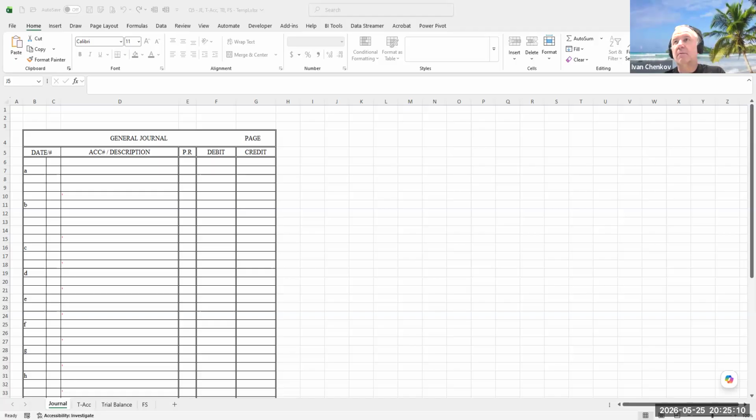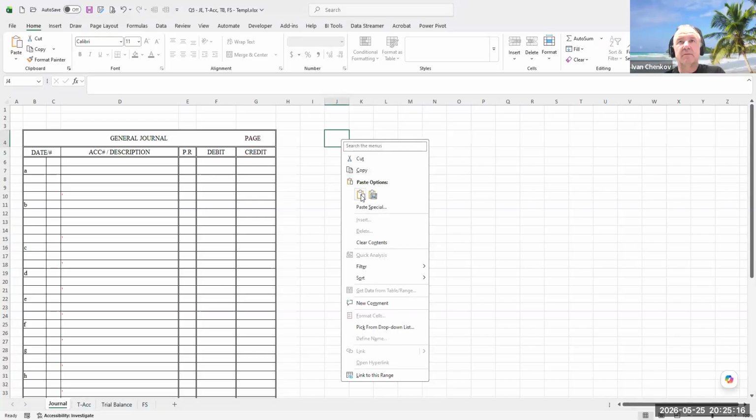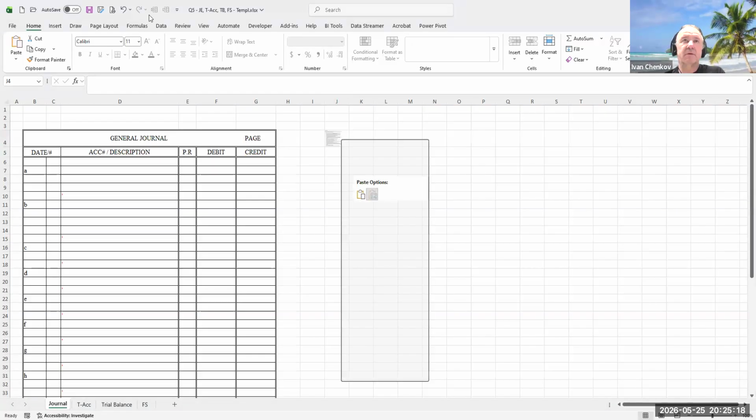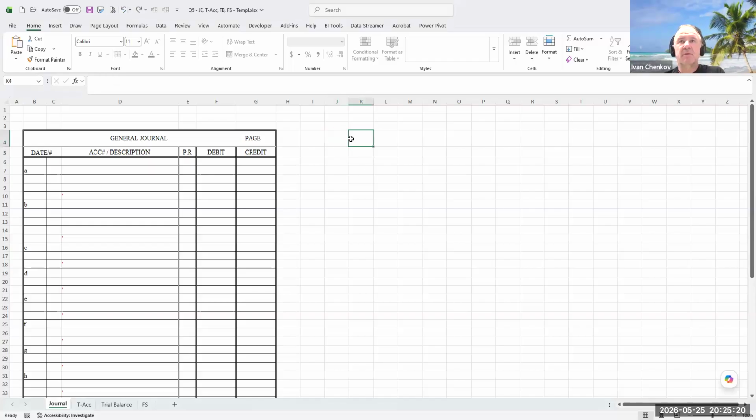Okay, and now I'm ready to go. Now I can paste this one here as a picture. Probably it's going to be like this. Oh, it doesn't let me because the sheet is protected. Now I see why.